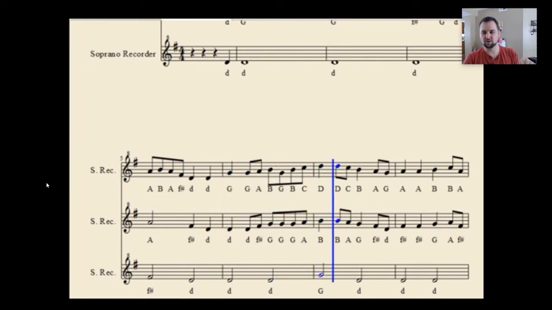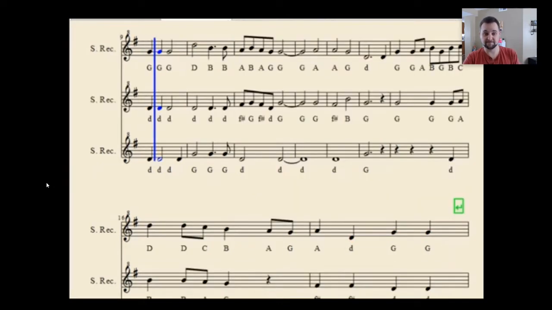So the top is recorder 1, then recorder 2 in the middle, recorder 3 on the bottom. They're playing the same instrument. So if we're talking timbre, they're all the same timbre because they're the same instrument. But you don't know that. We haven't gotten there yet. Darn. I got ahead of myself.